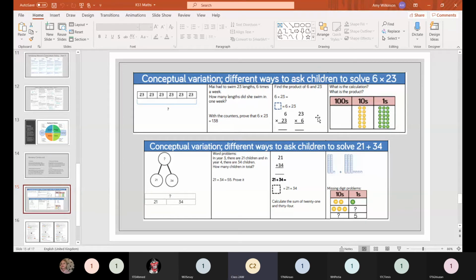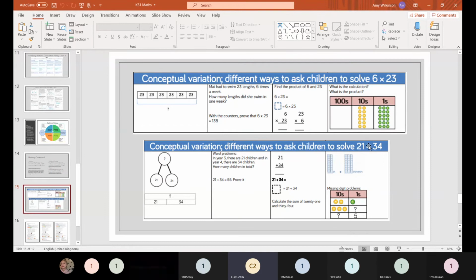And then you've got missing number problems and problems worded in a different way. So the answer coming before the equal sign is something that children often struggle with. But as they develop fluency, they get used to this and the concept, and they can apply it in these different ways.